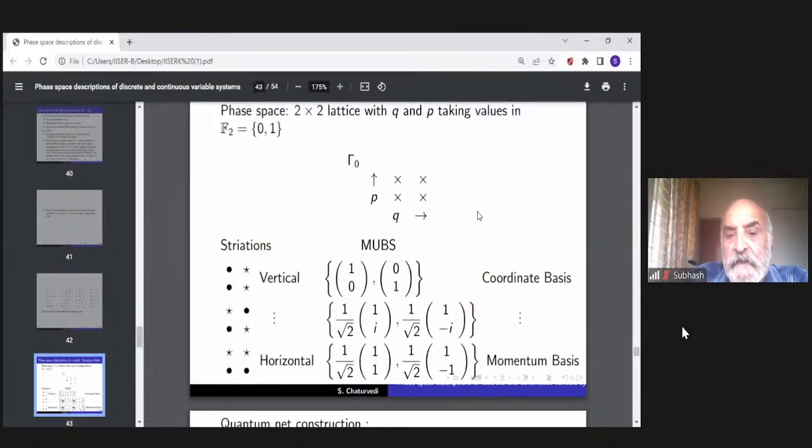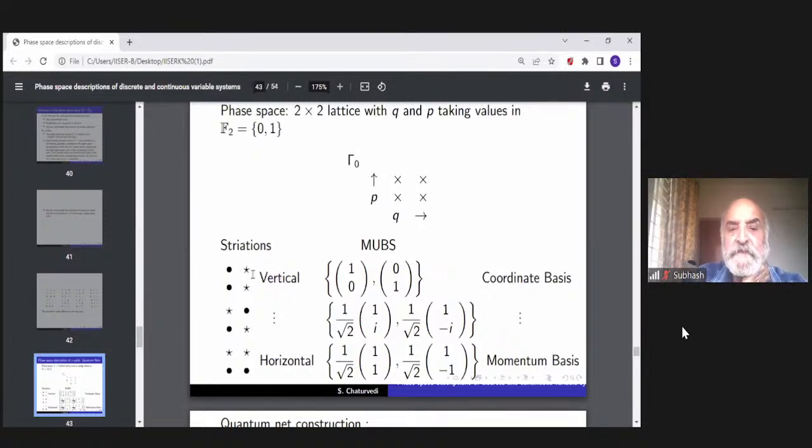So we have 3 mutually unbiased bases, which are given here. You can see that each one of them is an orthonormal basis, and the scalar product of any vector from one basis with any other vector, modulus squared, is 1 over 2.